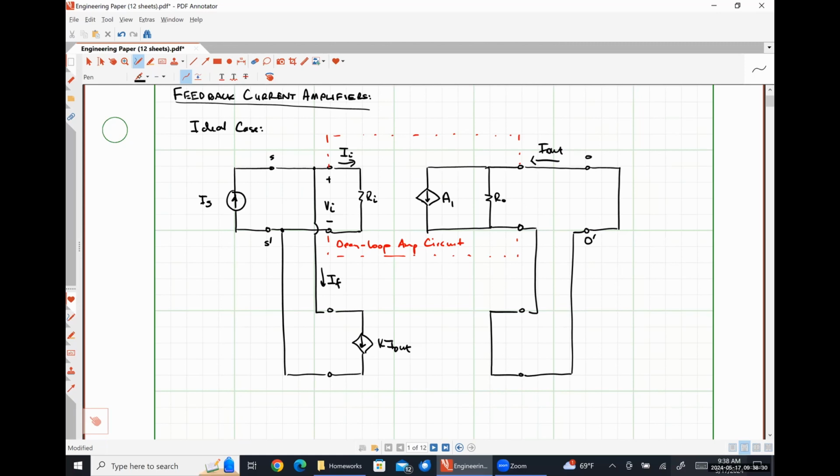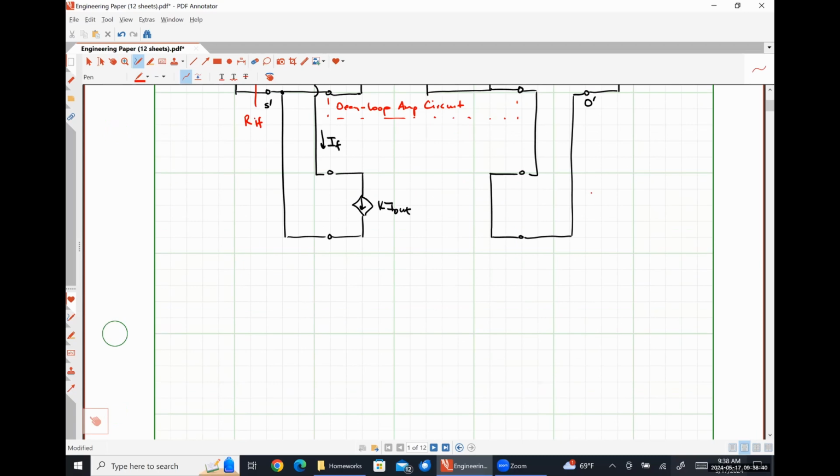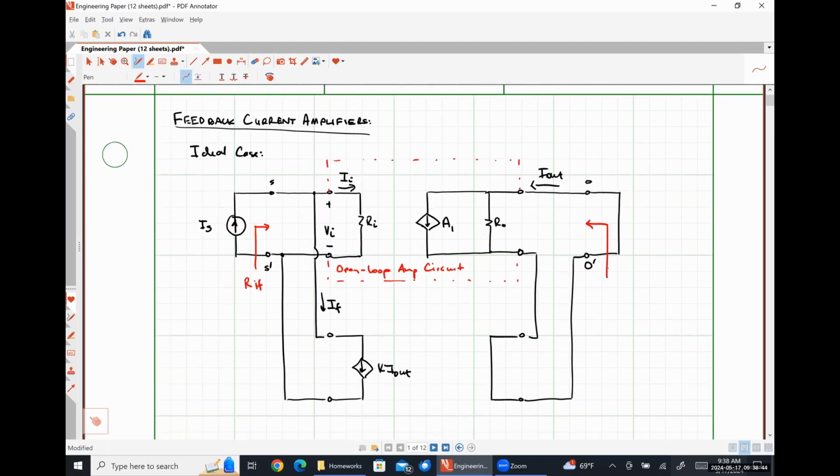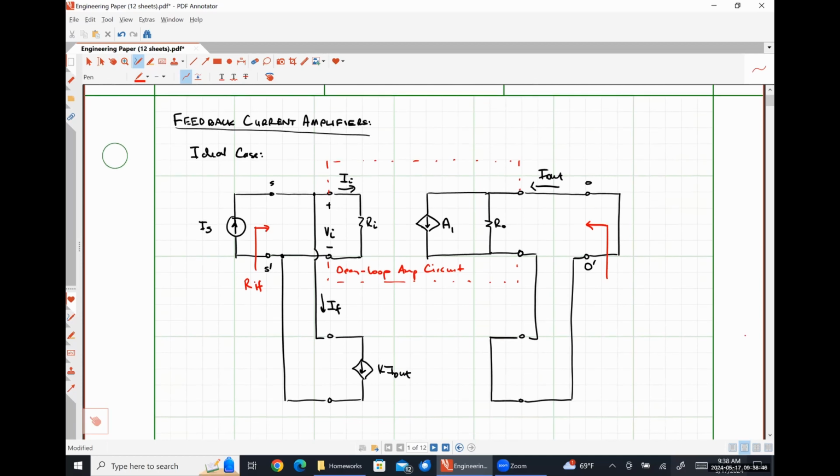Our input resistance with feedback is measured looking in between the S and S prime terminals. And our output resistance with feedback is determined looking in through the O and O prime terminals.